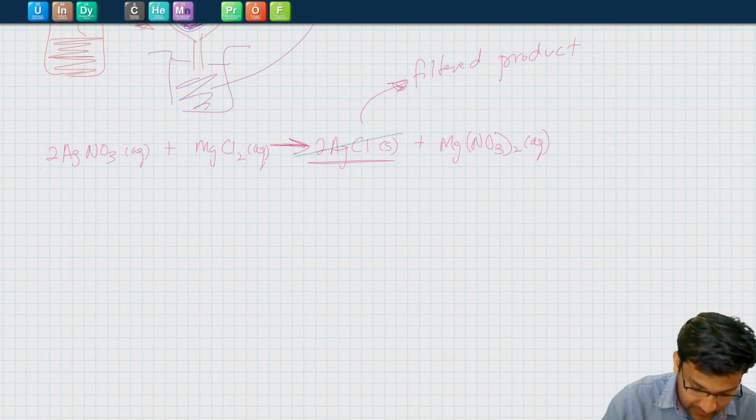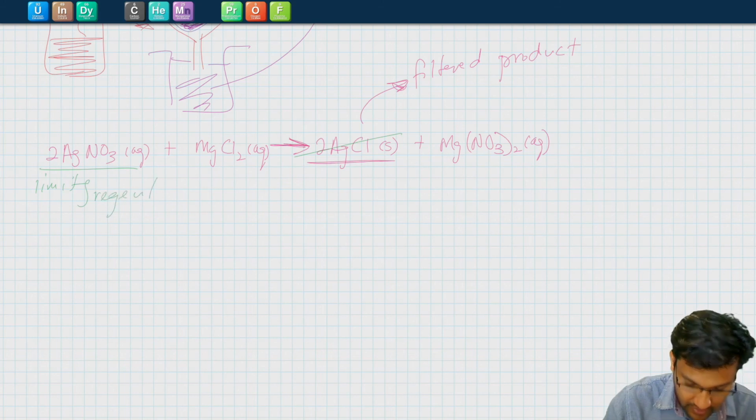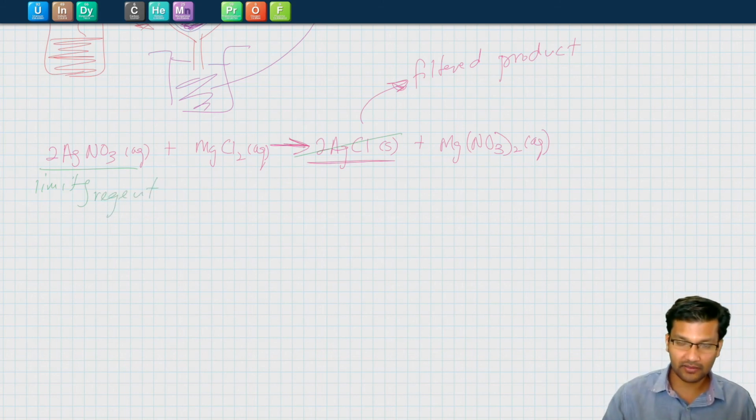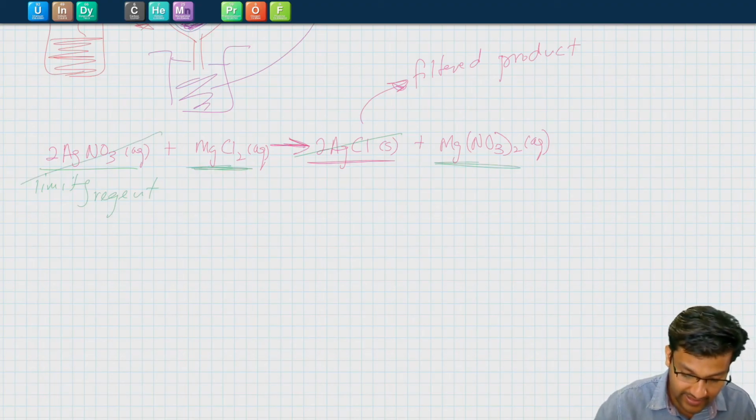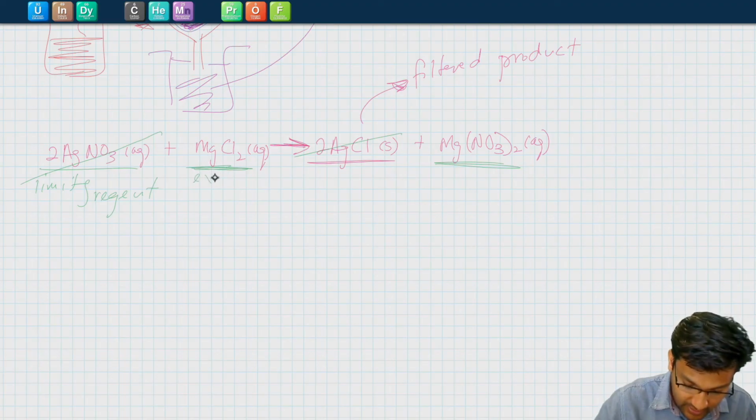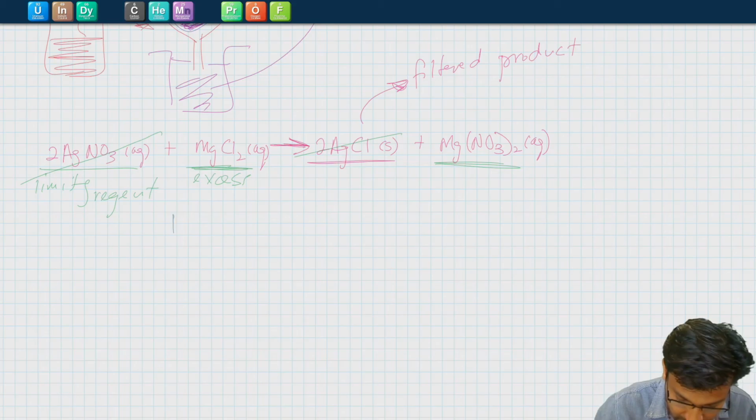We found that this was the limiting reagent, which means it gets used up, so it's no longer present. So in our solution, what we have left over are these guys. This was the excess, so there are going to be extra of these left over. What we'll have left over are the ions from magnesium chloride, so magnesium 2 plus and chloride minus.